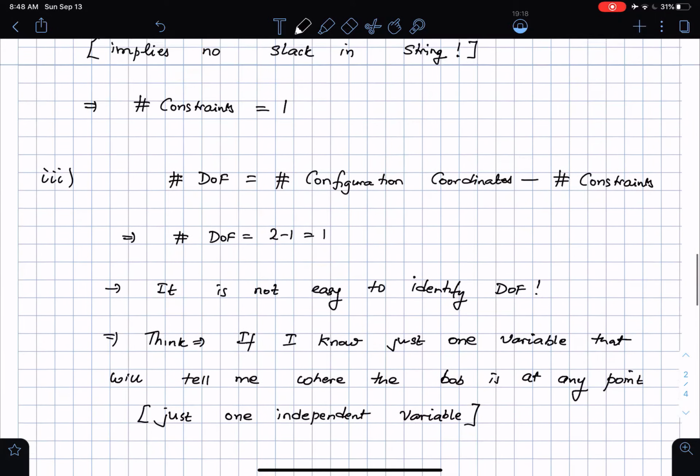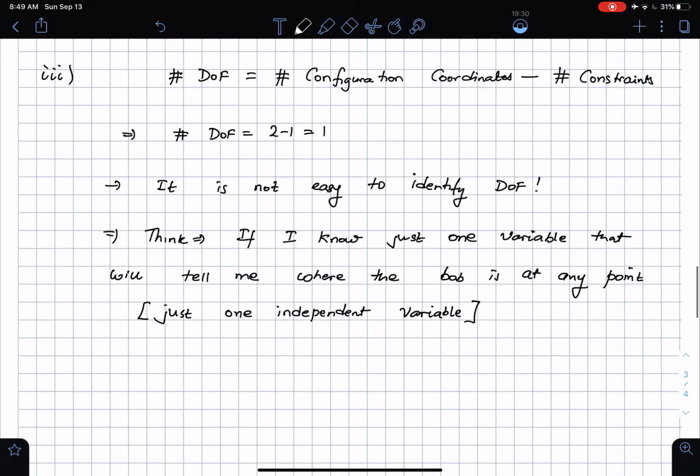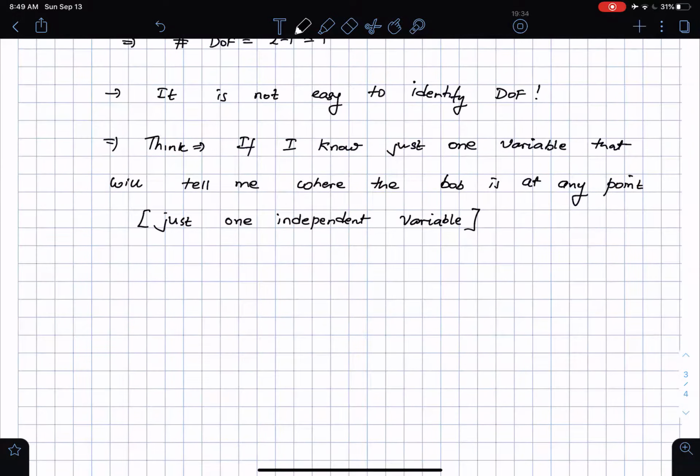What will that be? If I go back to my figure here, you obviously see that the choice is going to be theta, because if I know theta, I know the length of the pendulum is always a constant. So if I know theta, I know L, I know the position at any point in time. So the degree of freedom is theta of t.